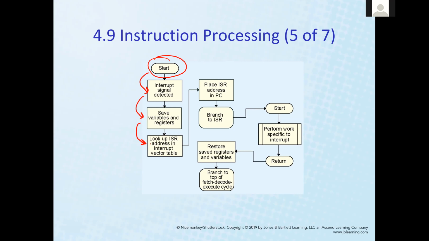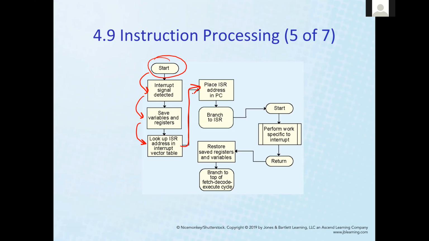So each interrupt has a different procedure, different orders. First, the processor looks at the interrupt service routine address in the interrupt vector to see which address to start from for that specific kind of interrupt.